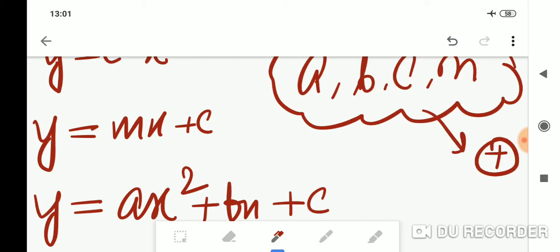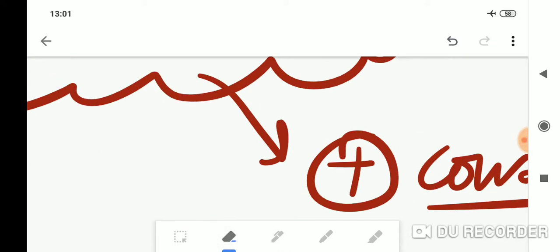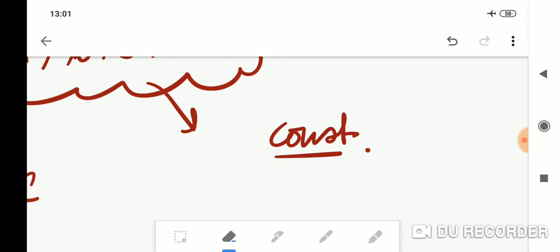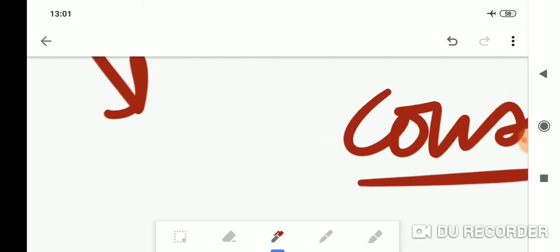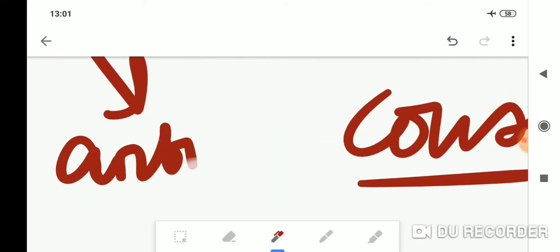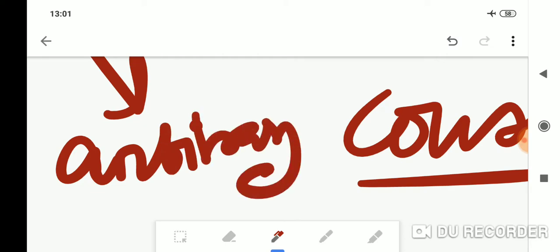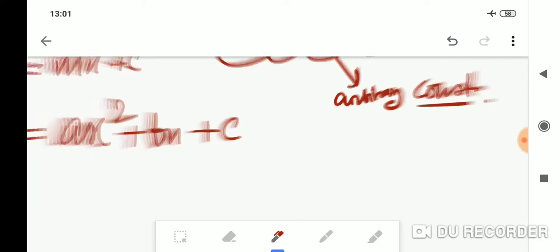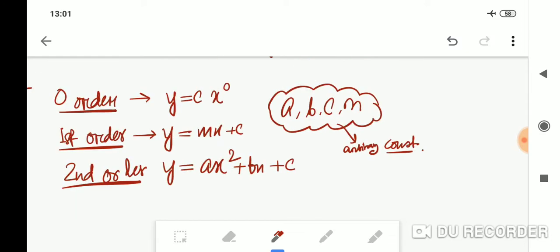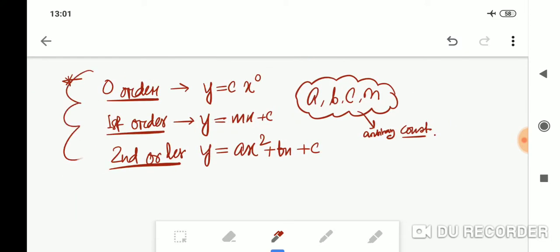Here these are arbitrary constants, not positive but arbitrary. So we have to learn the graphs of these three equations first of all.